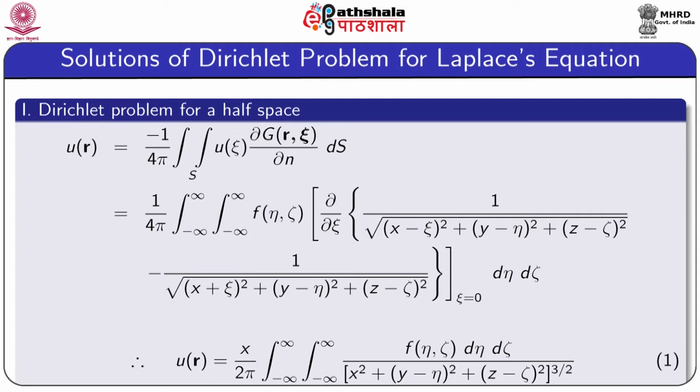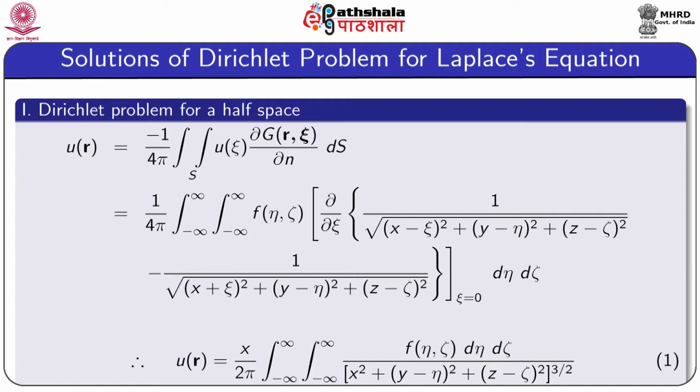This represents the quantity 1 by mod rho minus xi, d eta d zeta. So, this is the solution where f eta zeta is the value of the function u on the surface S. So, after simplification it becomes u r equals x by 2 pi.